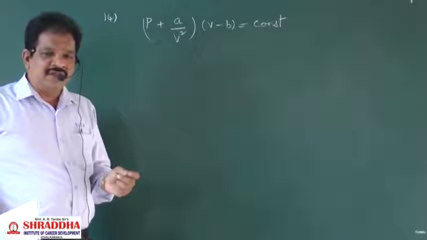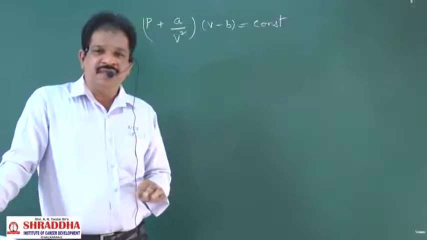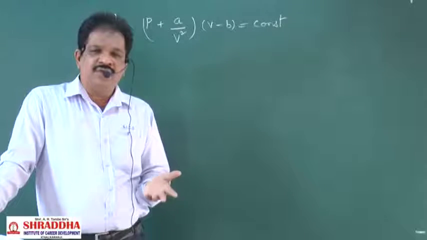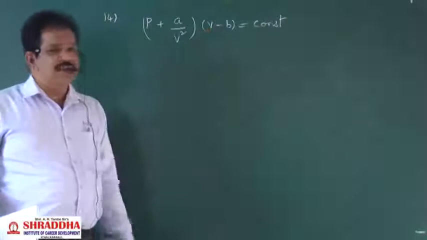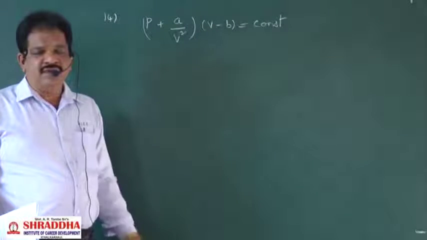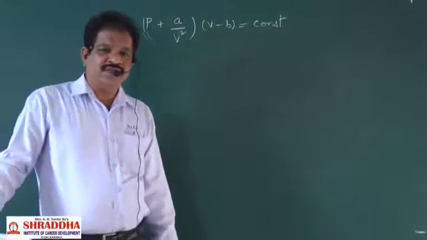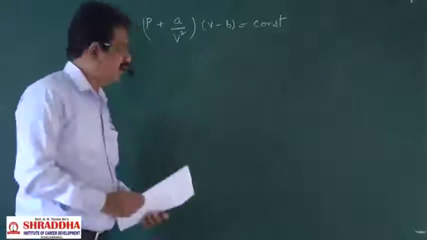So dimensions of P are equal to dimensions of A by V square. Units of P are equal to units of A by V square. V and B will have the same units. Here they are asking just the unit of A.